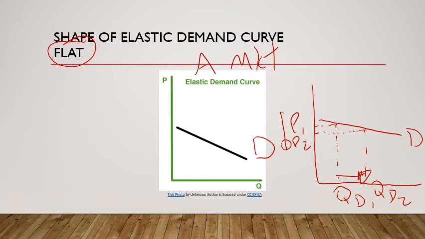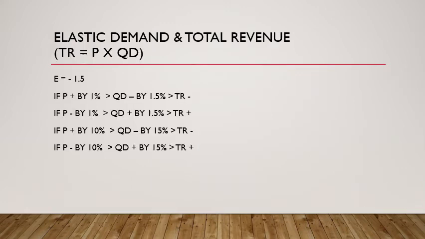Okay, now let's go to the next frame. And as we've been doing all along, this is no exception. We draw the link between elastic demand and total revenue. Again, what is total revenue? There you are. Total revenue is equal to price times quantity demanded.